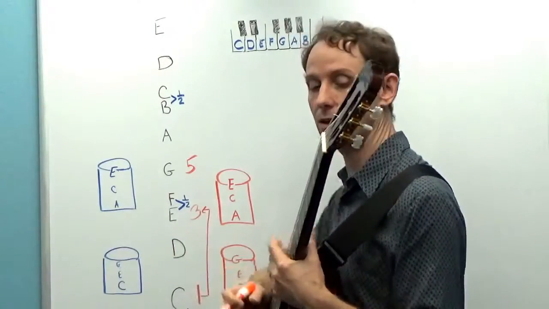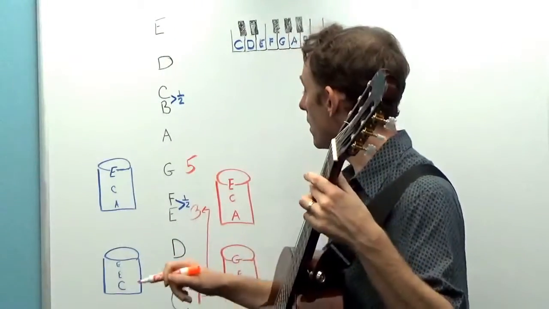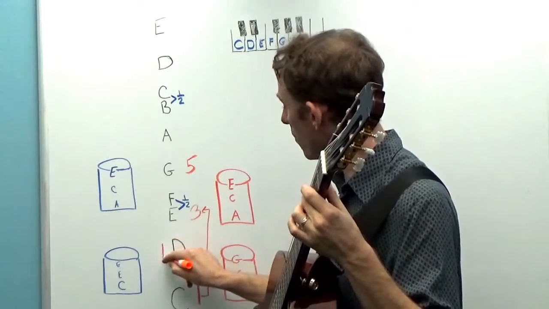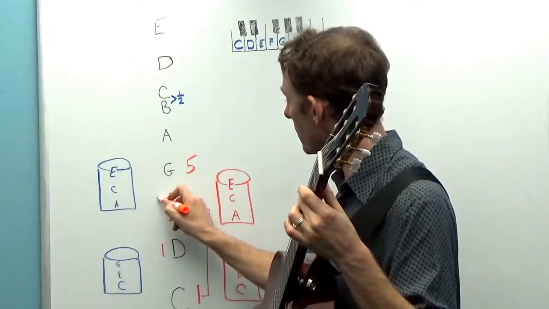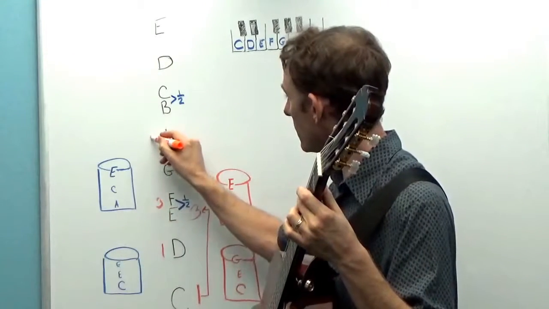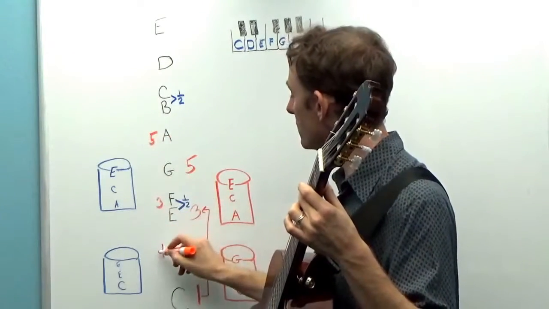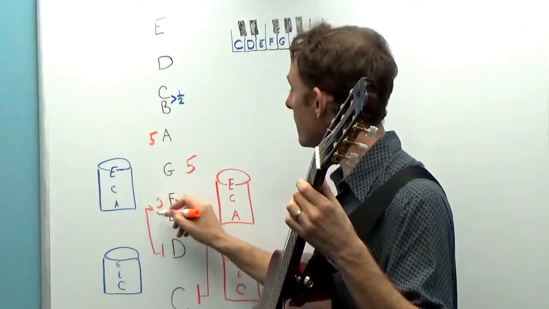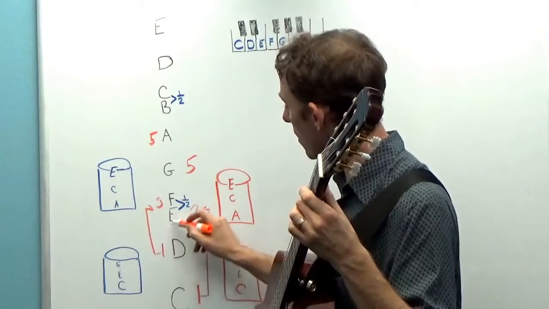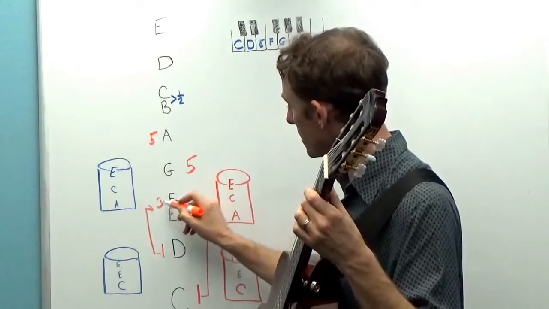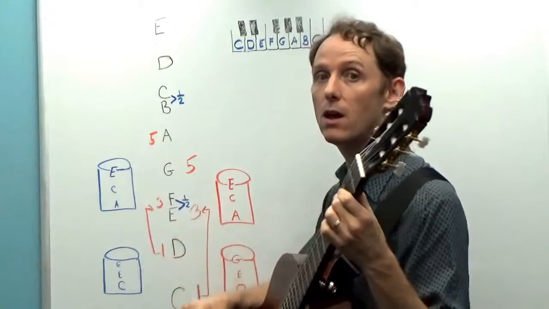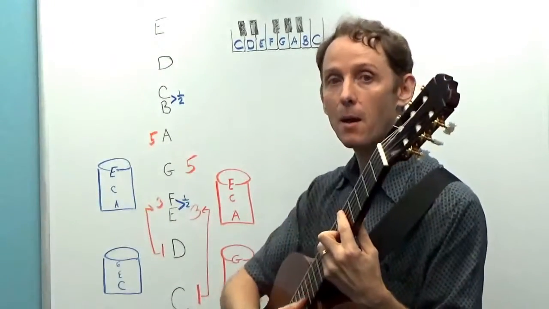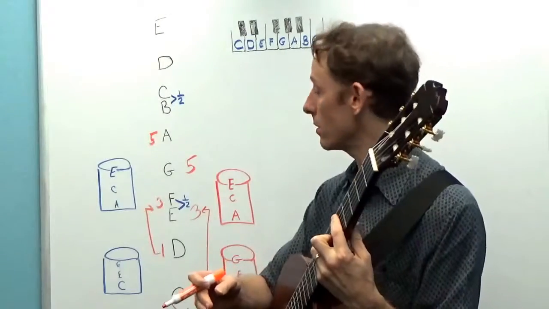If, on the other hand, we were to move to starting on D, D would become 1, a third up from that would be F, and a fifth up would be A. And now from D we have D to F. Now because there's only a whole step and a half step, because we have this E to F here, that's going to be a minor third, and so it will make a minor chord.